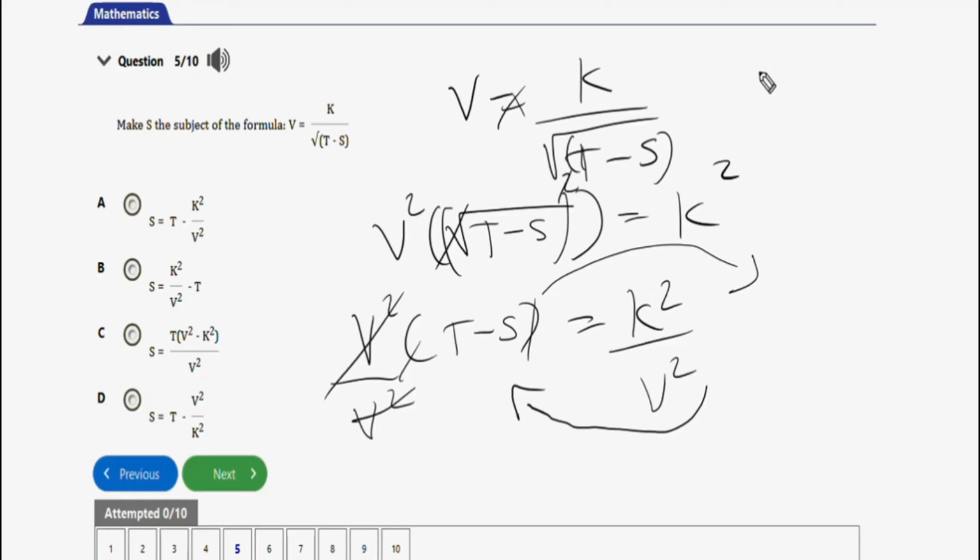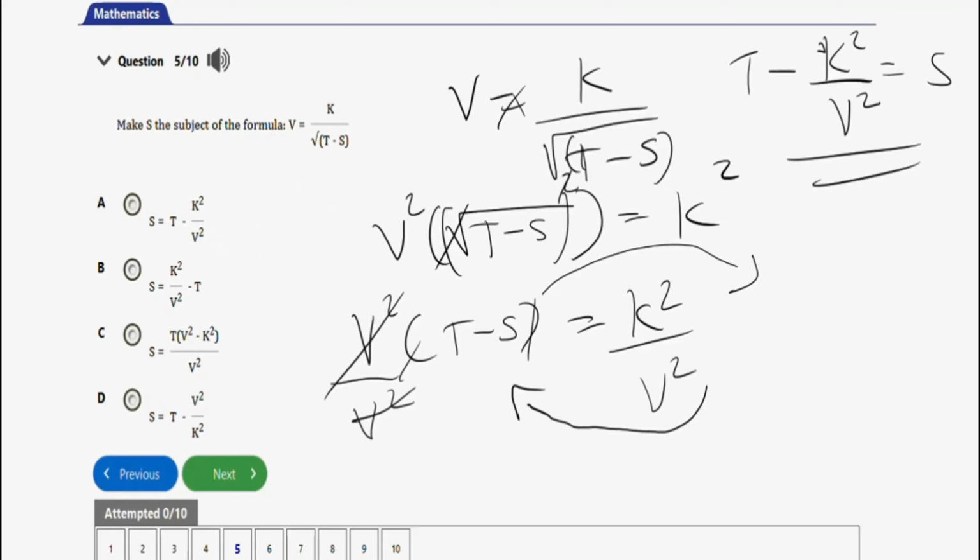So you're going to have t, if this crosses over, you change the sign, minus k square over v square equals, and if minus x crosses over, it changes to x. So that will be the answer to this question. x equals t minus k square over v square. So the right option is option A. Okay, so that's it for this question.